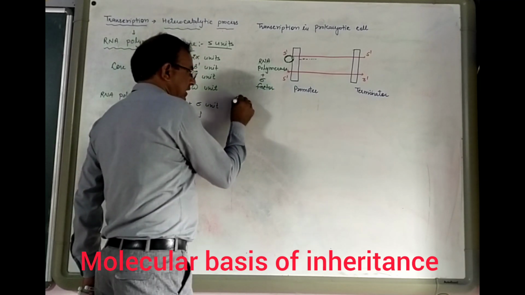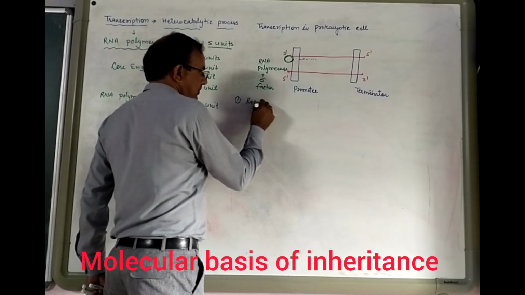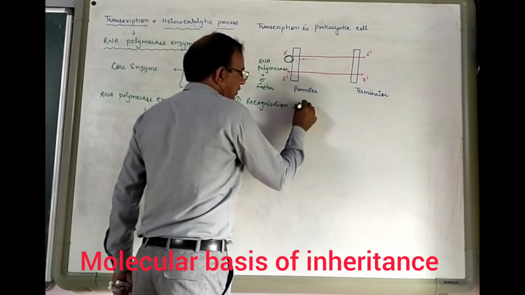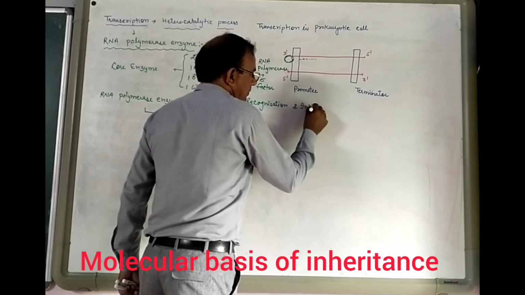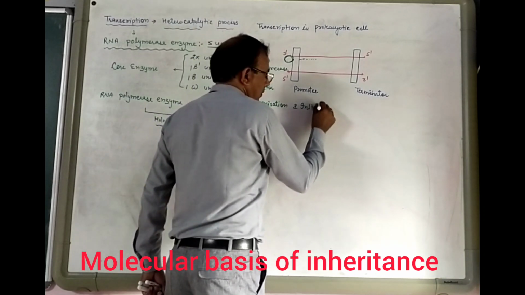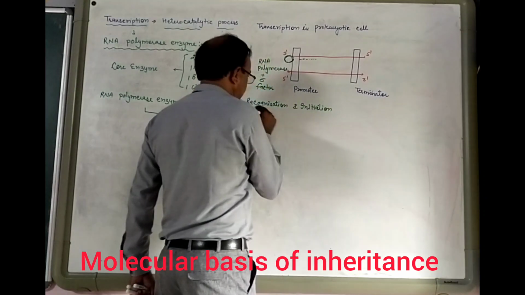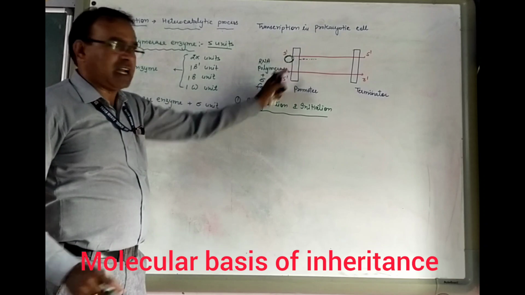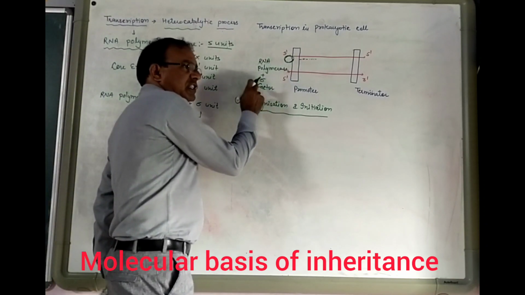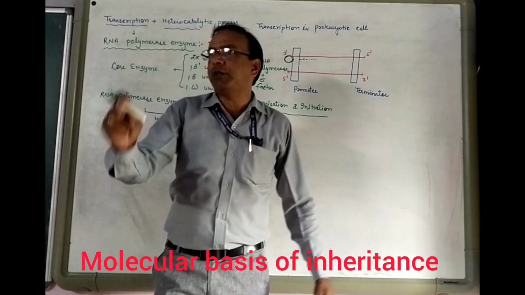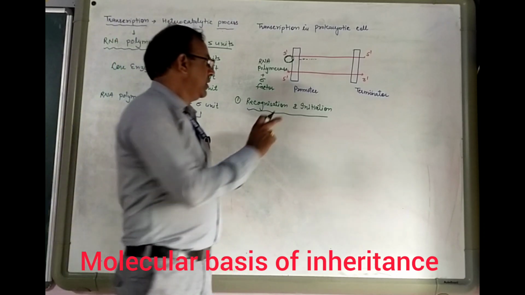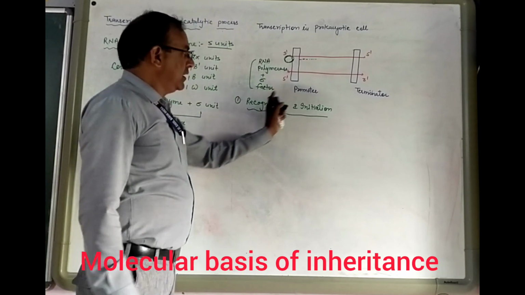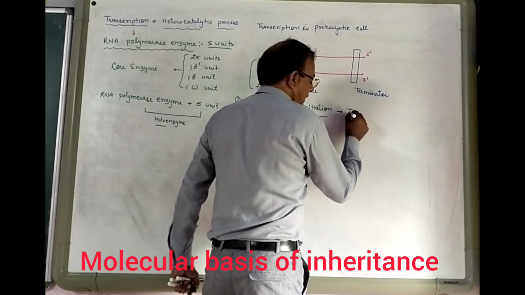The first process is recognition and initiation, because RNA polymerase recognizes the site from where the transcription process starts, and the sigma factor is responsible for initiating the transcription process in a sequence manner. First of all, the holo enzyme attaches to the promoter and the transcription process starts.